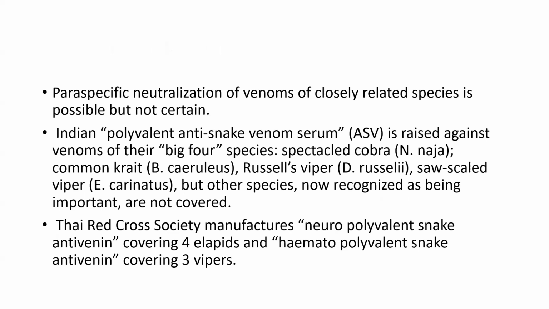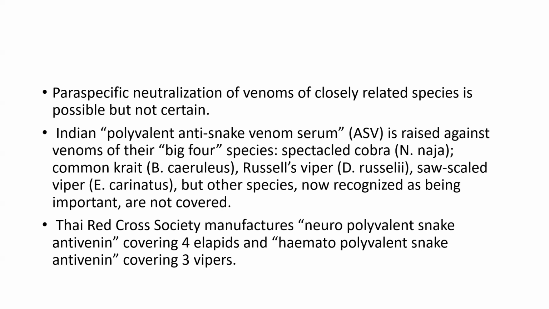Indian polyvalent anti-snake venom serum is raised against the venom of their big four species like spectacled cobra, common krait, Russell viper, and saw-scaled viper. But other species now recognized as being important are not covered.